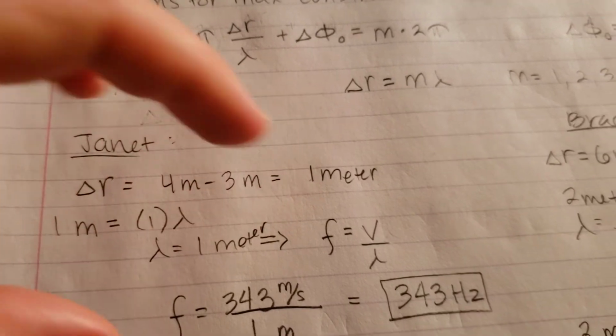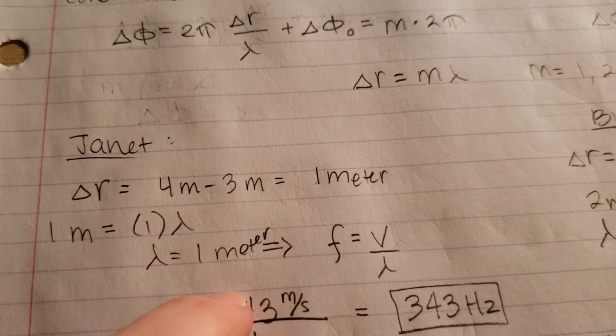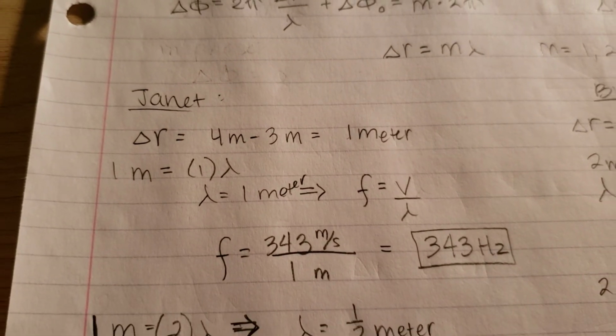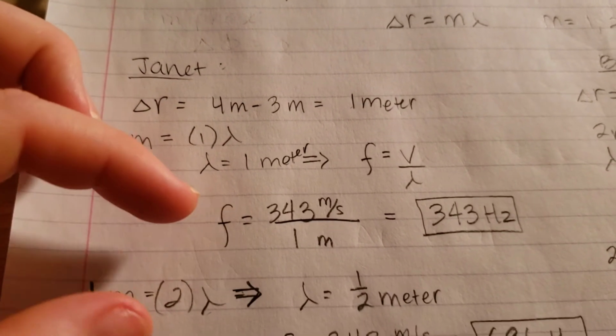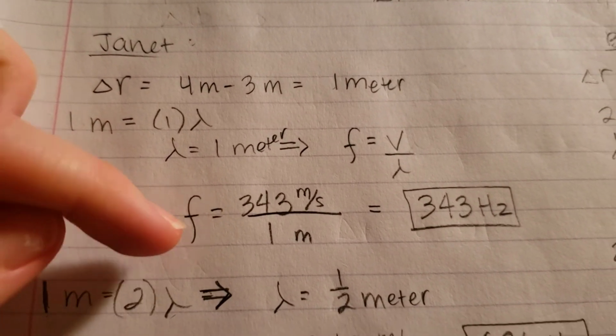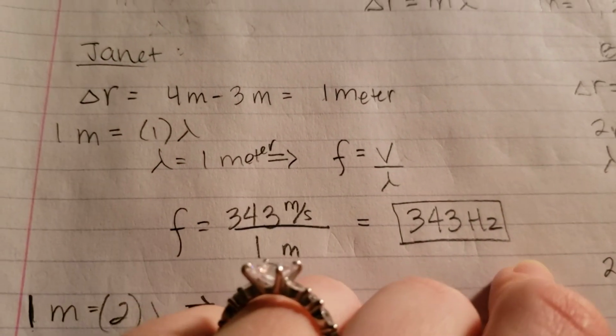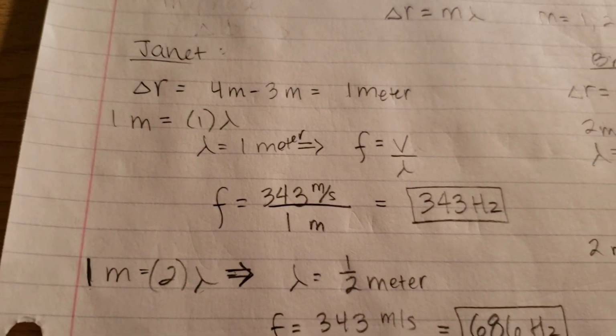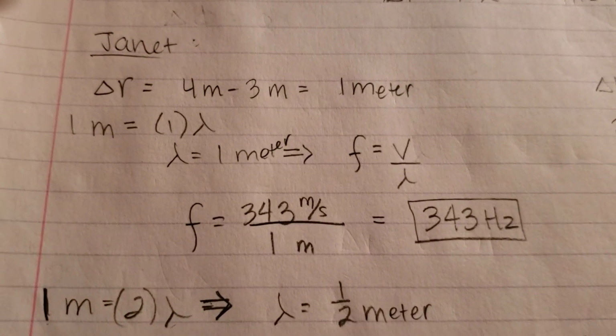Then we use the velocity of sound divided by that 1 meter wavelength, and the first frequency at which she'll hear the maximum sound intensity is 343 hertz.